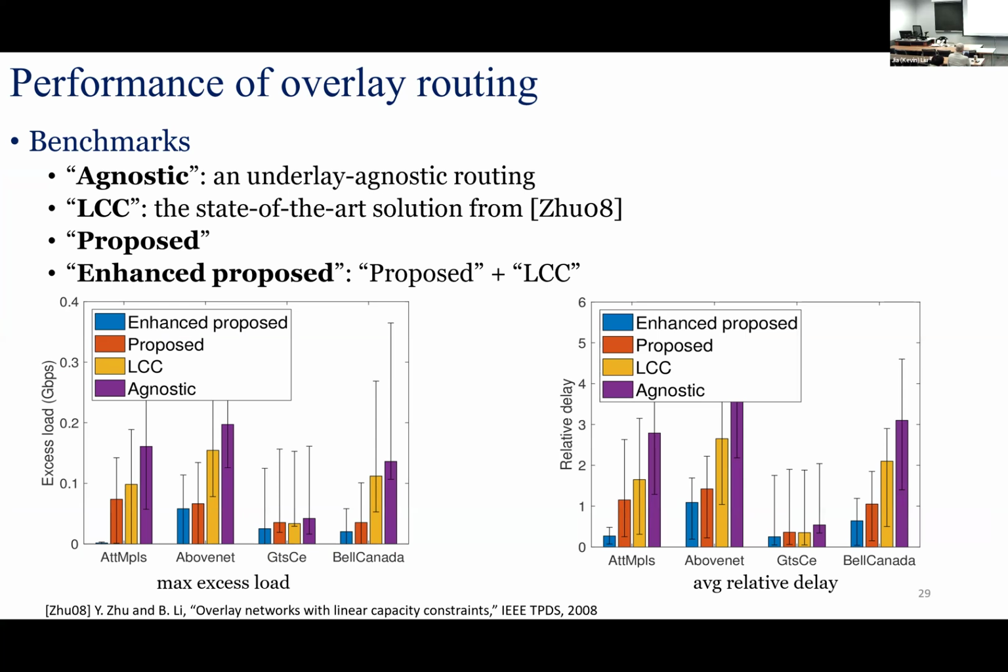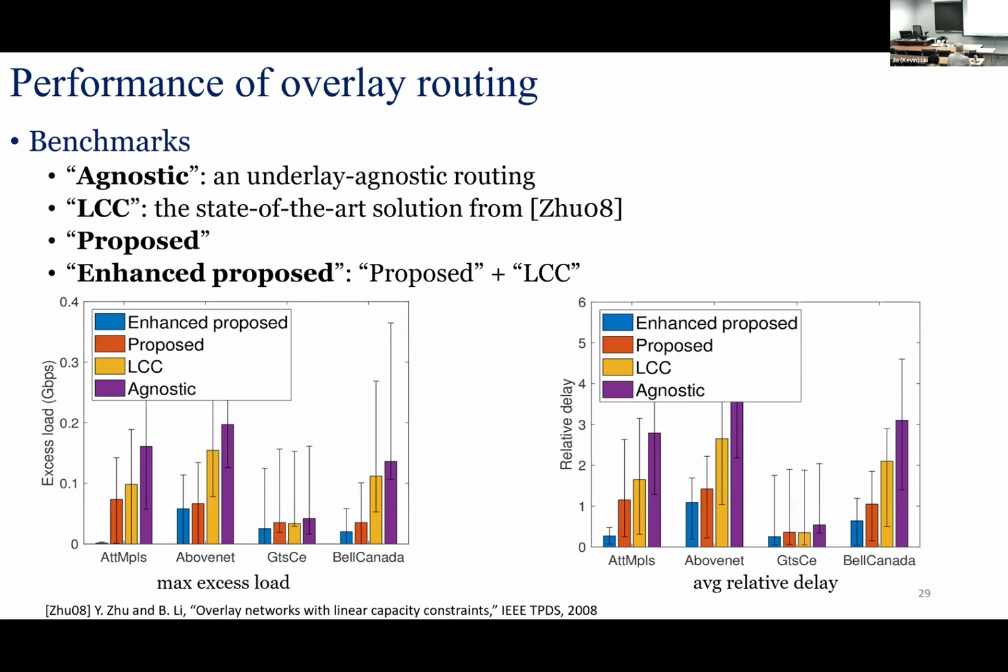This is the actual perceived end-to-end relative delay. It's normalized by the delay you could get with perfect knowledge about the underlay. So you can view that as a slowdown. And you can see that this purple bar is the state of the art, as if you optimize the routing by looking at the overlay topology and the marginal capacity on the tunnels as a flat network.